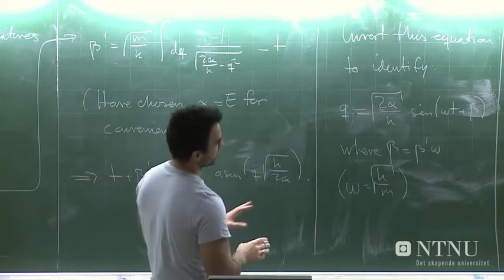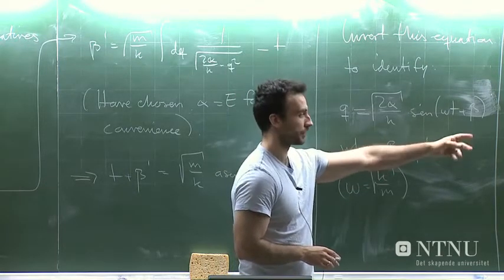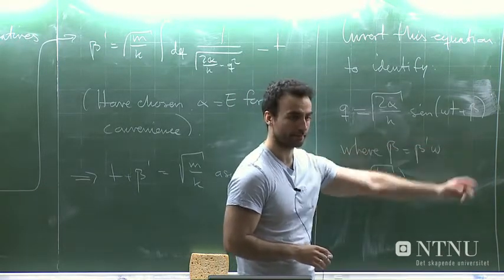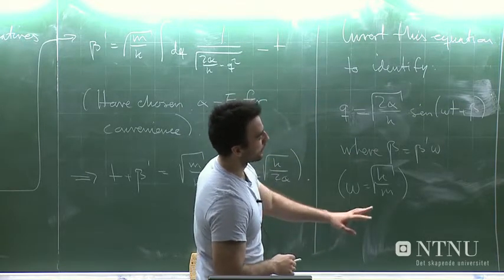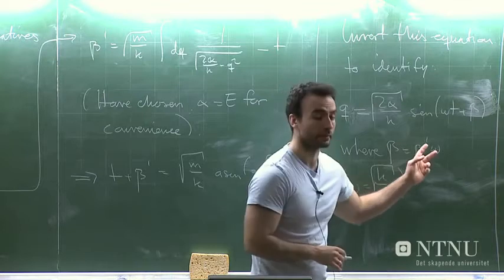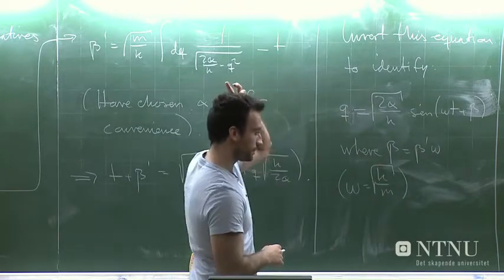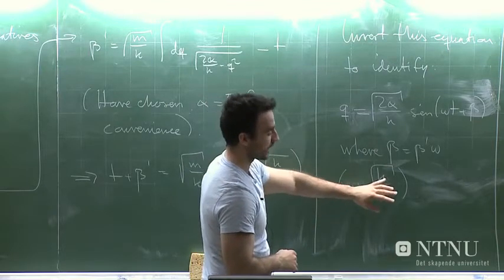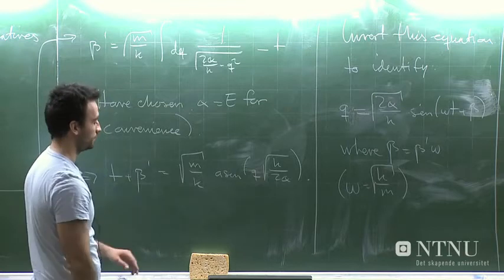So what we get is that Q is some prefactor multiplied with sine of omega t plus this integration constant here, beta. So this beta here now is beta prime multiplied with omega. So that's why I used the prime initially. And omega is given as the square root of k over m.